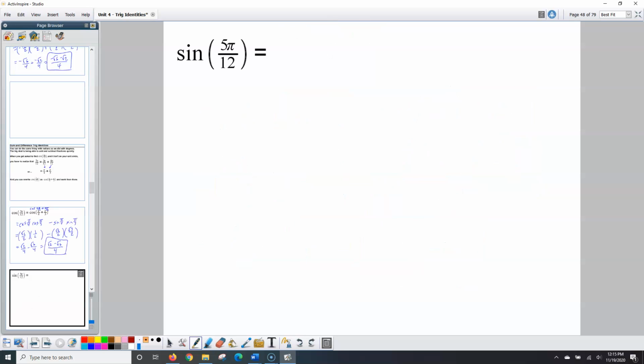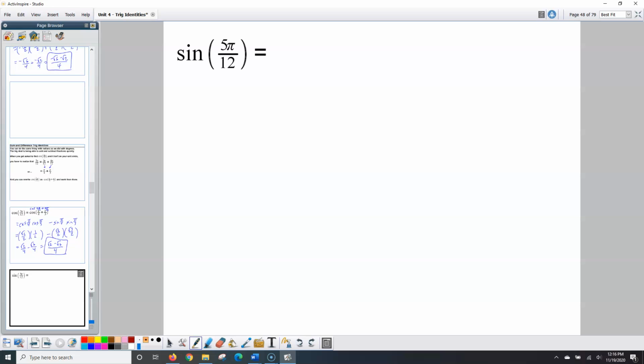So let's look at this one. I got a sine function, 5 pi over 12. So I need two things on my unit circle that will add or subtract to give me 5 pi over 12. So I'm looking at my list, the pi over 12, 2 pi over 12, 3 pi over 12, and I'm looking at things that will reduce to something on my unit circle. First one that comes to mind is 2 pi over 12 plus 3 pi over 12.